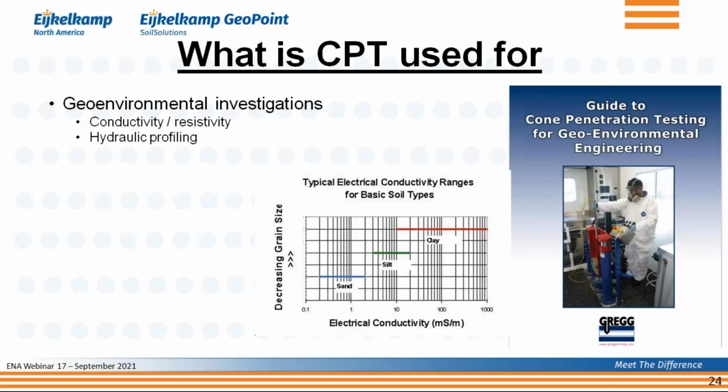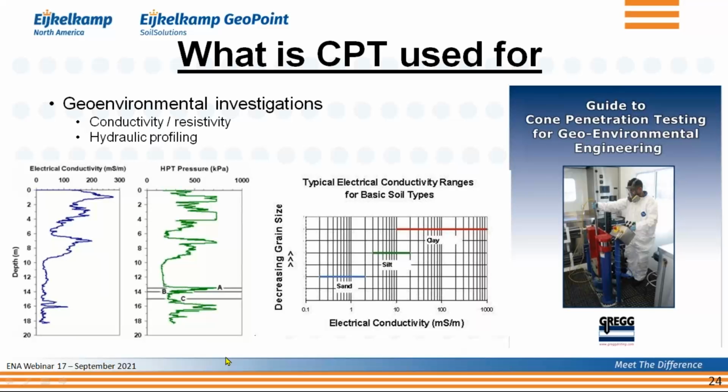In sand, it is an order of magnitude lower than in silt, and clay has again much higher values of conductivity. If you start measuring that with a module behind the cone, you get something like the blue line. It measures the electrical conductivity, and it gives you an idea of what kind of soils you have. Over here between 10 and 15 meters, most likely it's sand, and at the top layers, more silty type of soil.